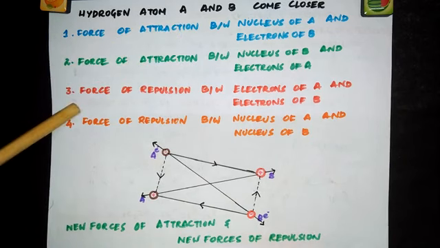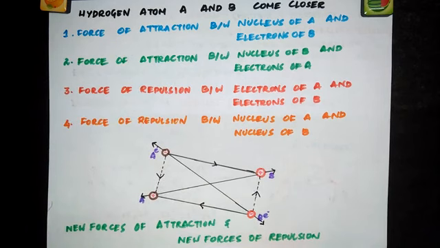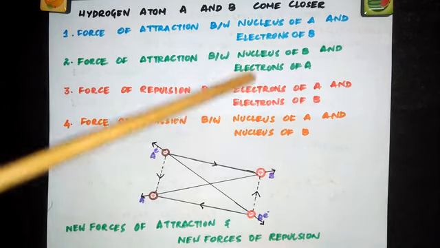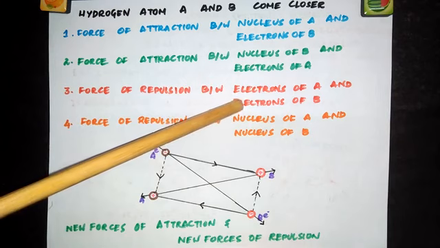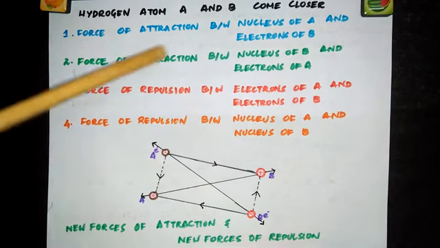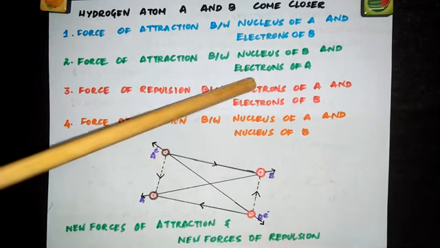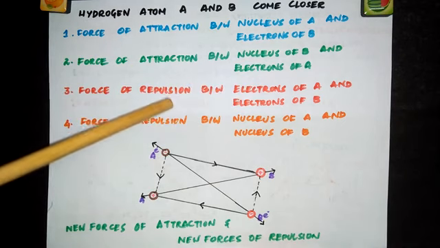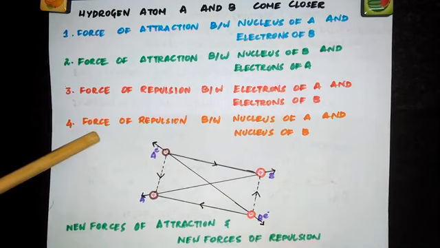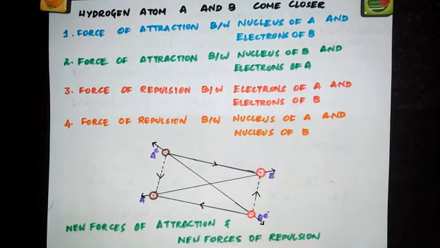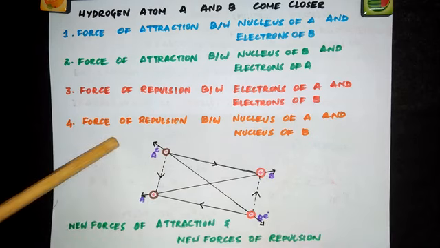And the next force is force of repulsion. That will be between electrons of A and electrons of B. Obviously, both are negatively charged, so they will be repelling each other. So, electrons of A will be repelling electrons of B. That is force of repulsion. The fourth one is force of repulsion between nucleus of A and nucleus of B. So, we are having four new forces.